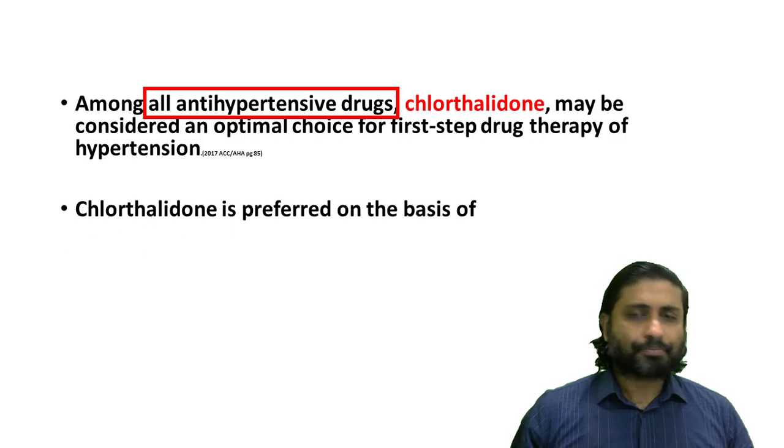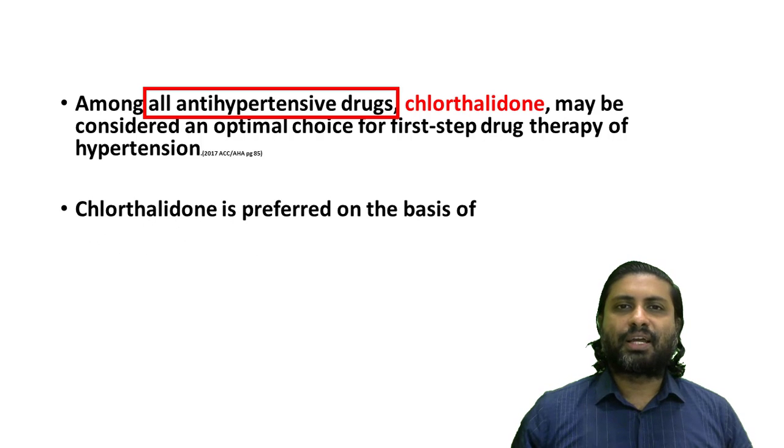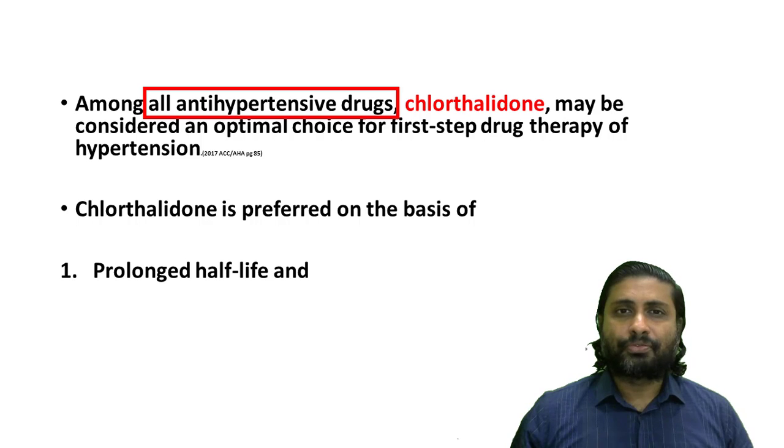Number one, hypertension is a lifelong disease and patients need to be treated lifelong. It makes little sense if you were to prescribe this patient a drug that needs to be taken 3 times a day or 4 times a day, lifelong. You prefer a drug with a long half-life that can be given once a day. Chlorthalidone fulfills this criteria.